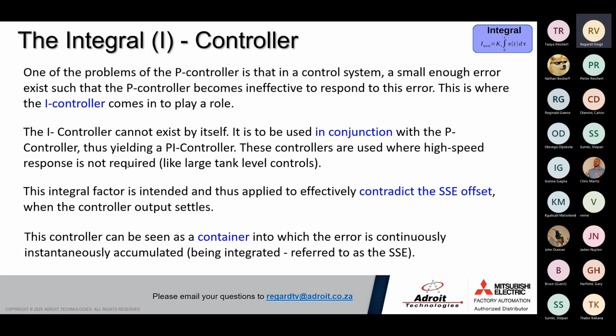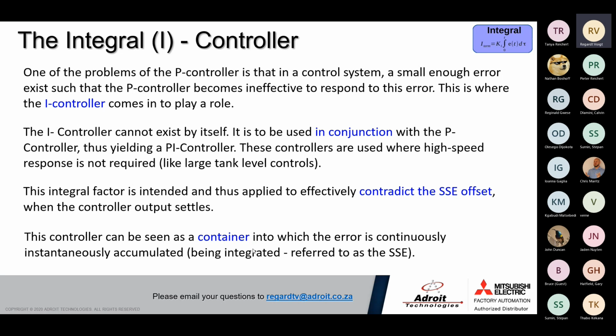So if you don't give it enough time to calculate the error with an I controller, then it will also not yield the required results with your steady state error. Okay, so how do we put all of this in a simplified way to understand how the I controller works? So the I controller can be seen as a bucket or a container.